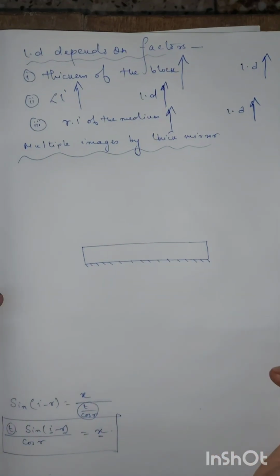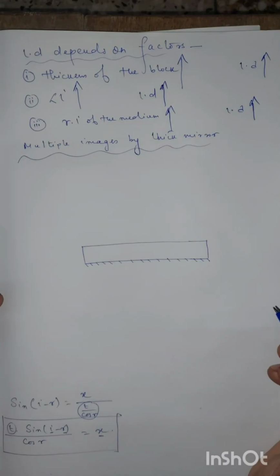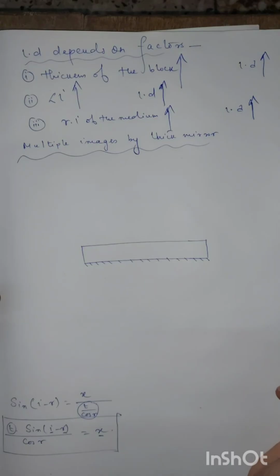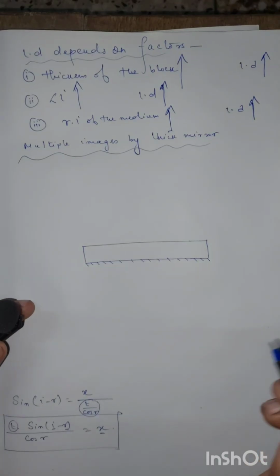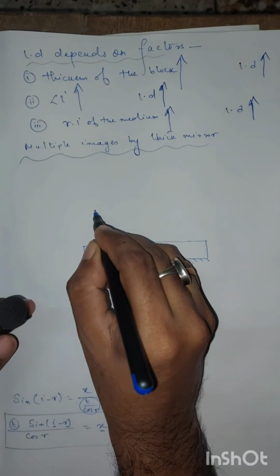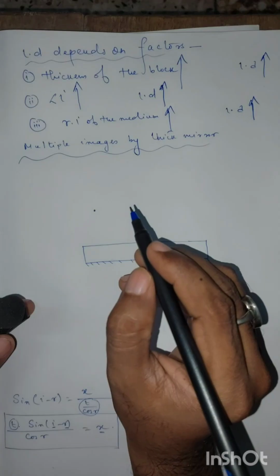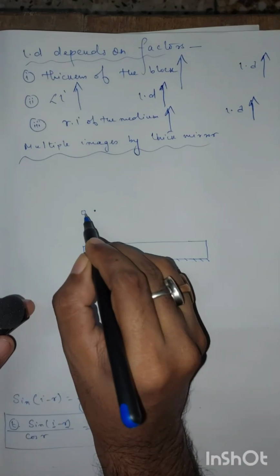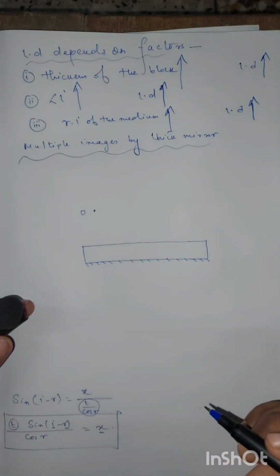Now let us assume an illuminated object is placed in front of this mirror.